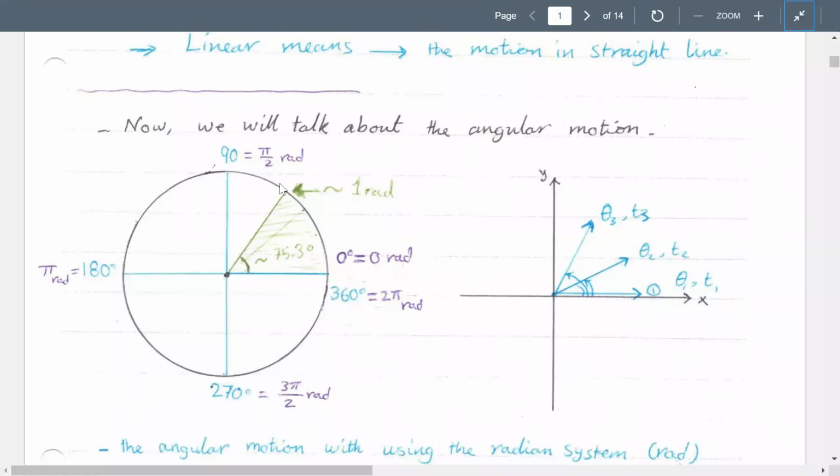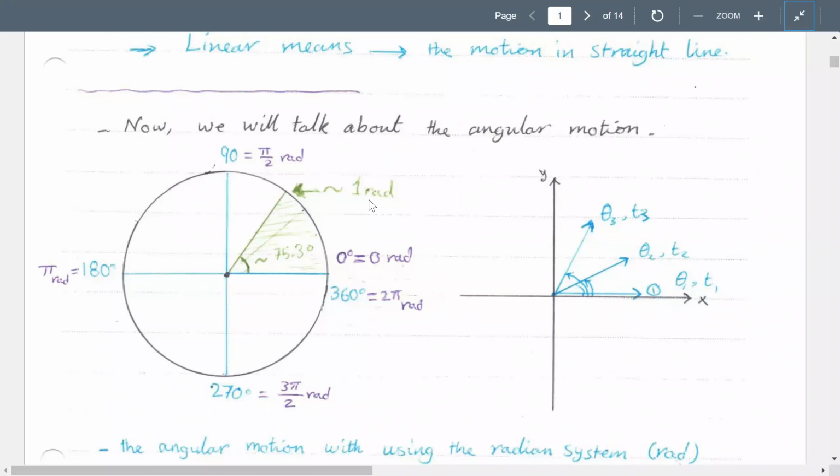Pi, you know the value of pi. It is 3.14. You can put here 3.14 over 2. For example, 1 radian is not 1 degree. The 1 degree here is very small. But 1 radian is approximately 75.3 degrees.